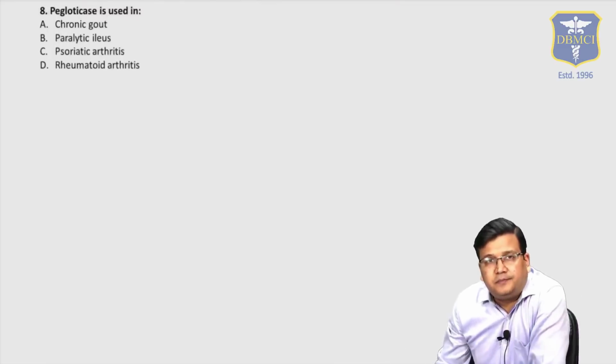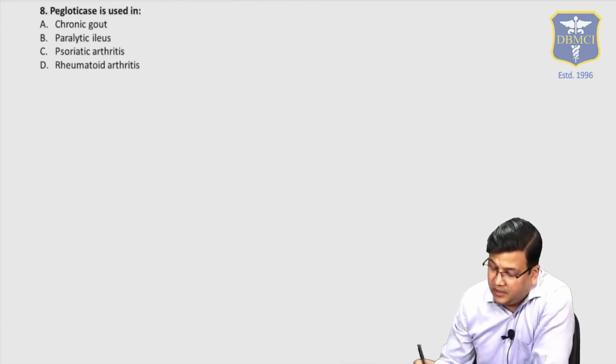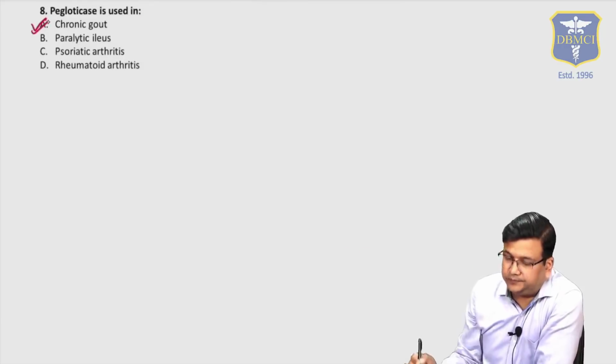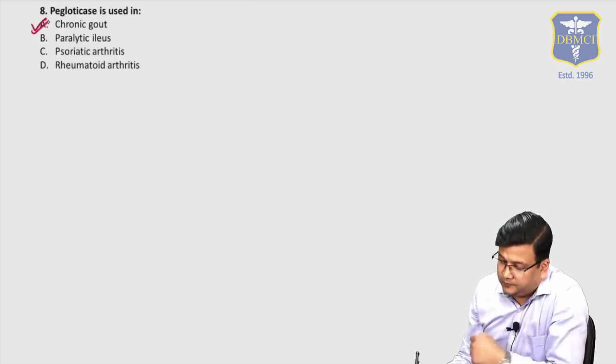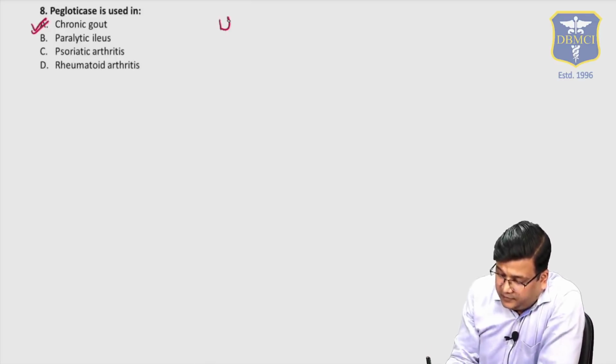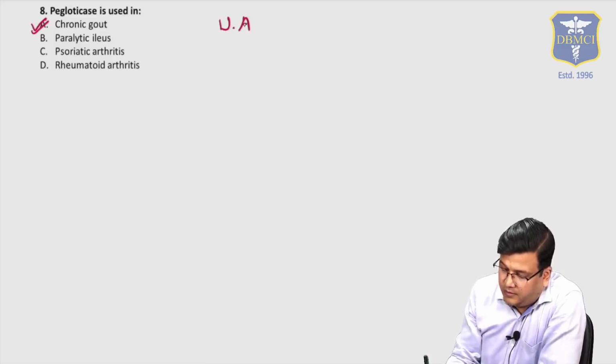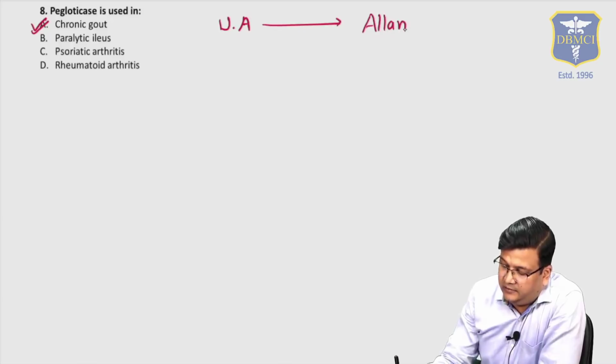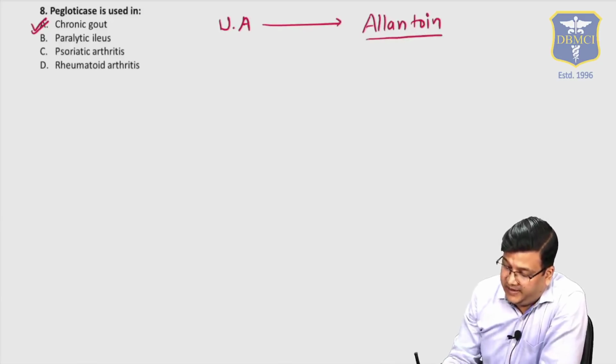Question number 8 is based on a relatively new drug, pegloticase. So pegloticase is basically used for chronic gout. How does this drug act? So what happens, we have uric acid. Uric acid can be converted into a substance known as allantoin by an enzyme known as uricase.